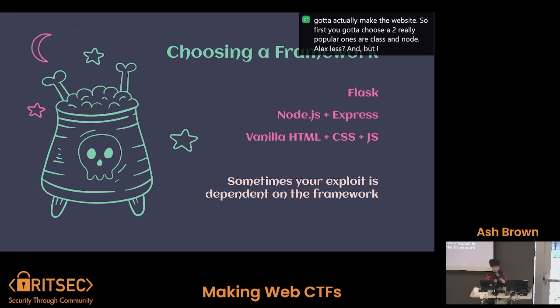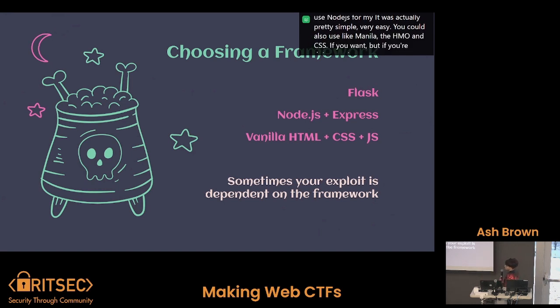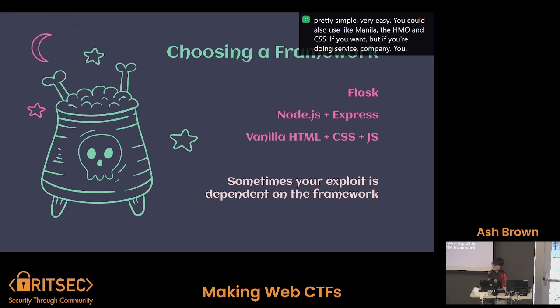But I will say, I did use Node.js for my last CTF, and it was actually pretty simple, pretty easy. You could also use vanilla HTML and CSS if you want. But if you're doing server-side template injection, you need templates, so you can't do vanilla HTML for that.